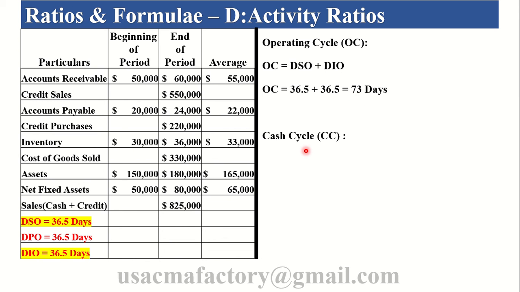Now cash cycle is equal to operating cycle minus days purchases outstanding. Here the operating cycle answer is 73 days. So 73 days minus days purchases outstanding 36.5, the balance is 36.5. This is the cash cycle.